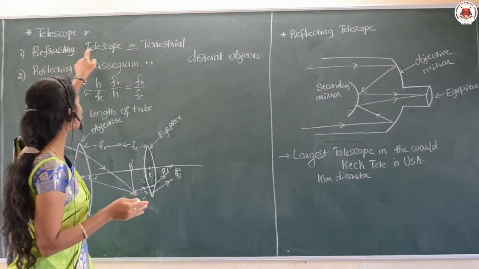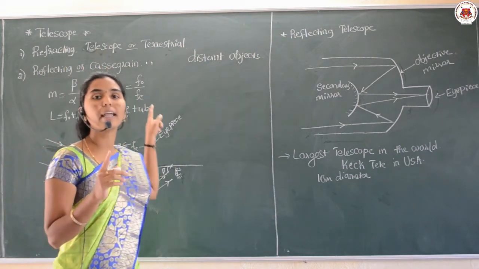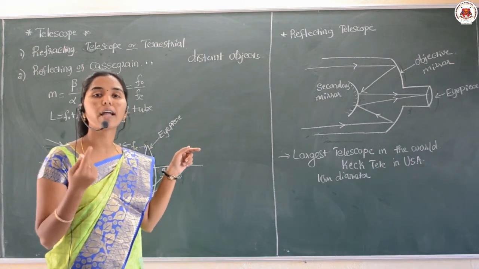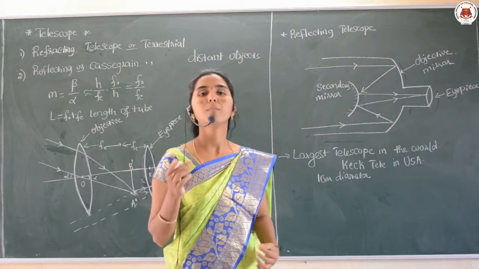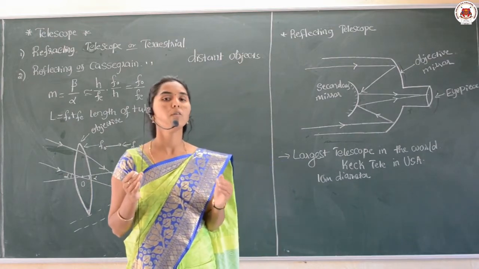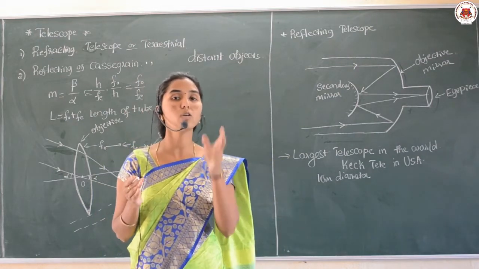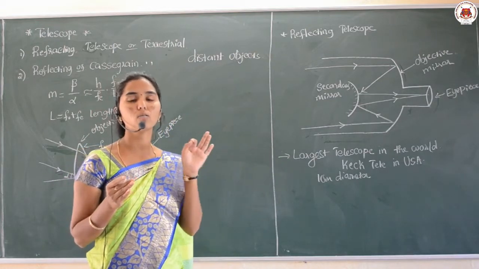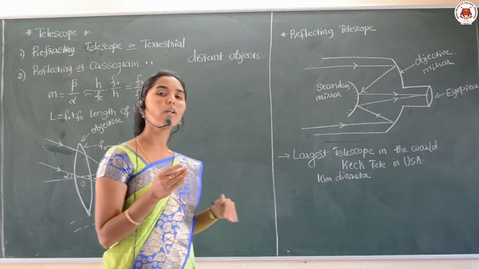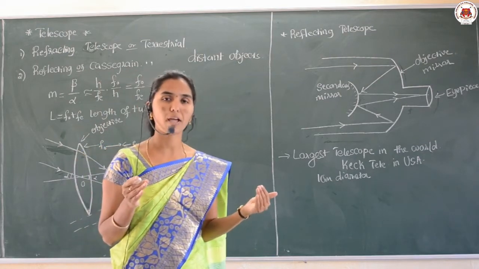Actually in this telescope what happens? The light undergoes refraction. If the light needs to undergo refraction, there what we are using? We are using the optical medium, a lens. Or sometimes prisms also can be used.